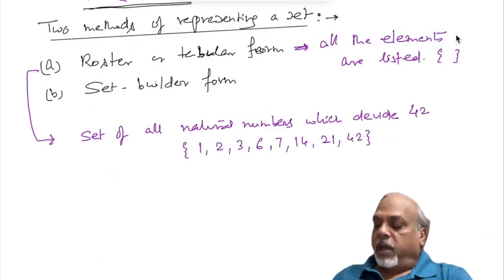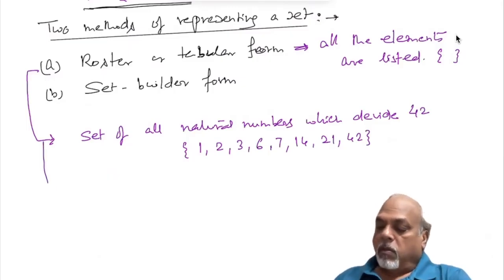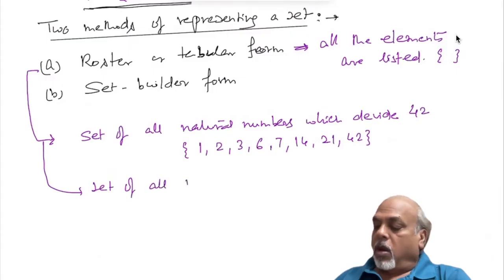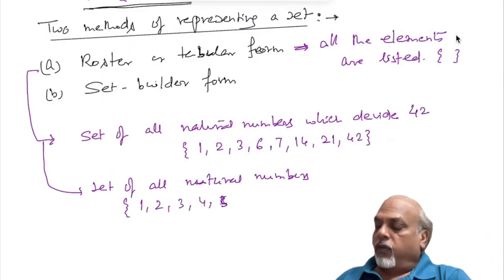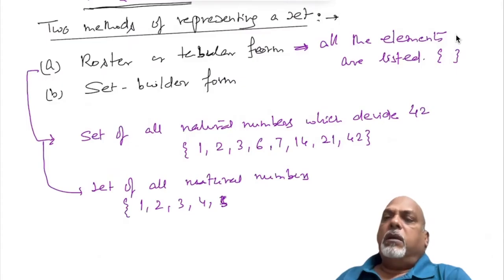Now, suppose I say set of all natural numbers, then in the roster form, it is not possible to write all the natural numbers. Correct? Because this will go up to infinity.